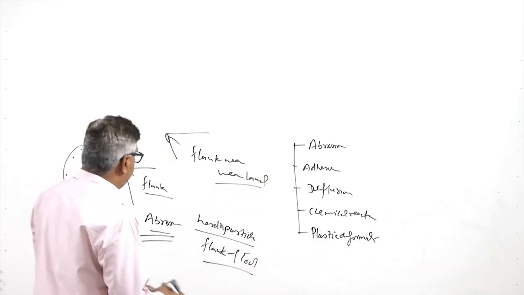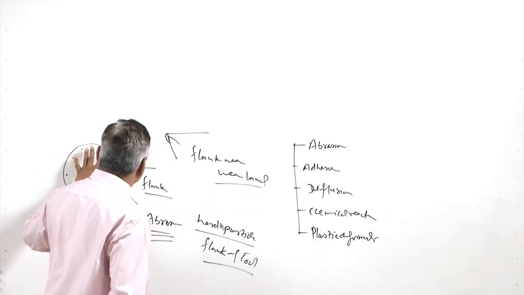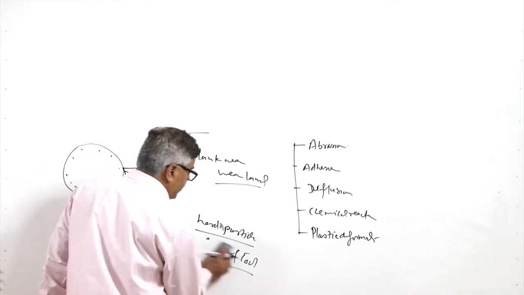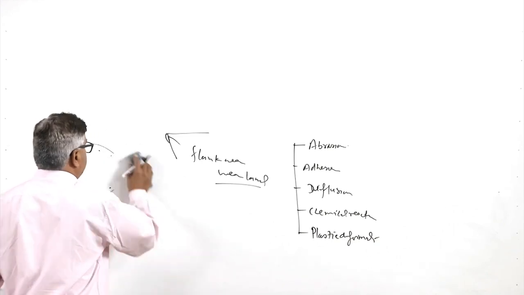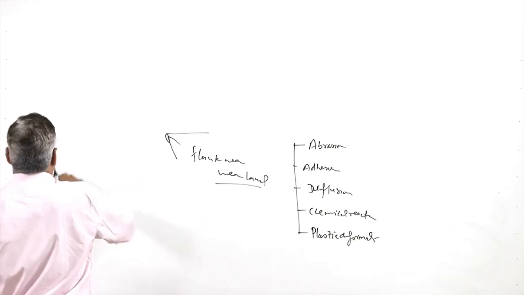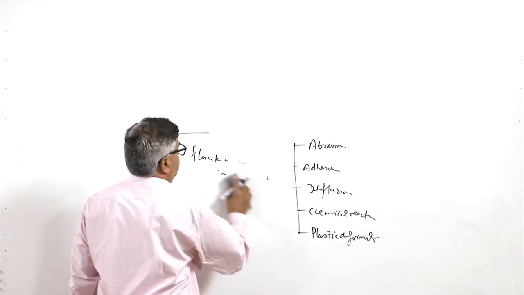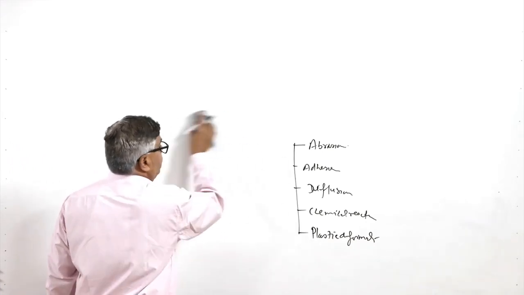This happens primarily due to the presence of hard particles or hard constituents in the workpiece material, which rub with the flank during machining.